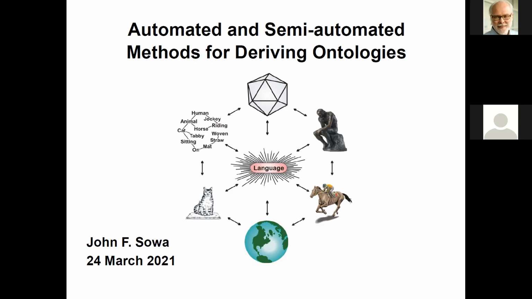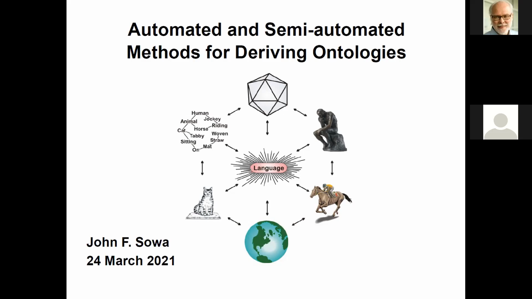Go ahead, John. Okay, now this diagram in the middle, this hexagon, shows that all of the things that we're doing relate in one way or another to language. So our native languages and the languages we learn are the most important languages we use for communication, and they're far more natural for us to think in and to talk in and to work in than any artificial language of any kind, including all our programming languages and versions of logic and all of them.